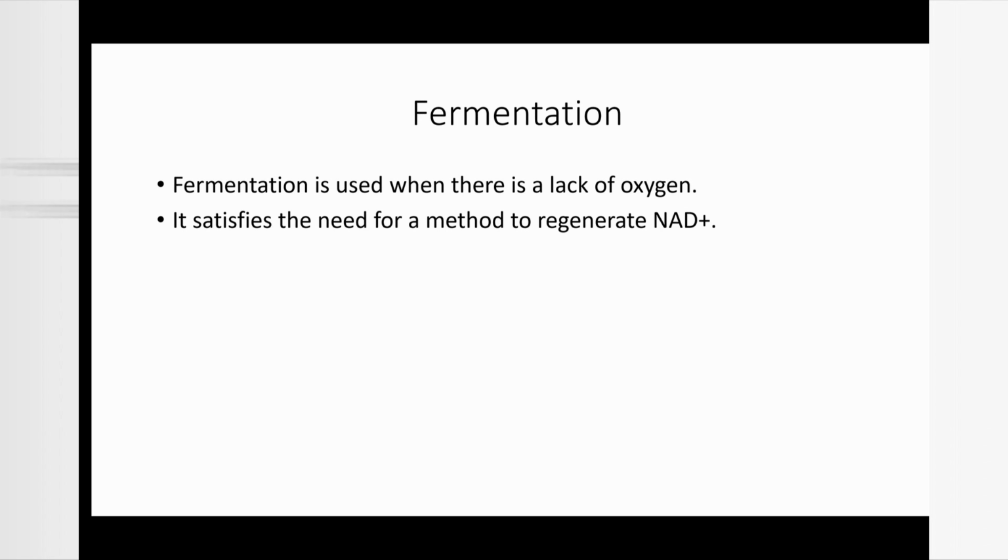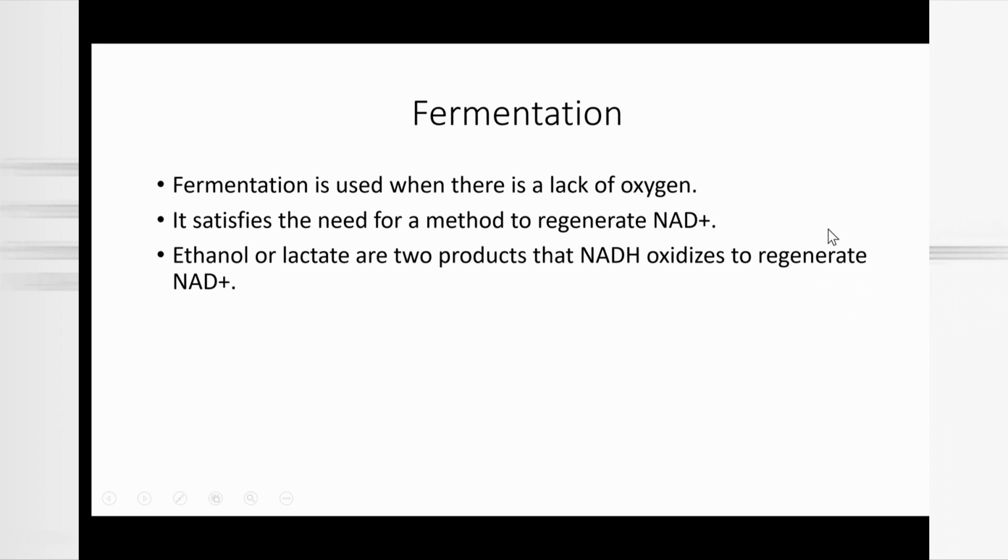Now, if there is oxygen, then you'll realize later on that this NAD+ can be regenerated because the NADH drops off its electrons at the electron transport chain, and then the NAD+ is recreated. However, when there's no oxygen, this can't really happen. And so what happens is two molecules, mainly ethanol or lactate, are products that NADH is going to reduce. In other words, it gives electrons to regenerate NAD+.